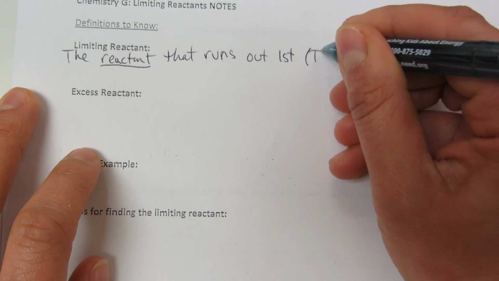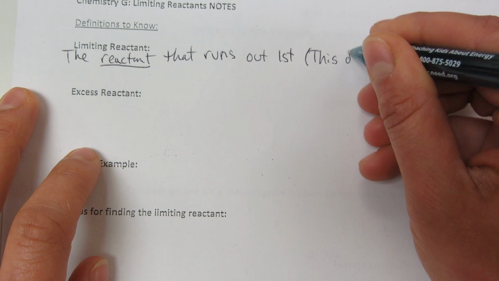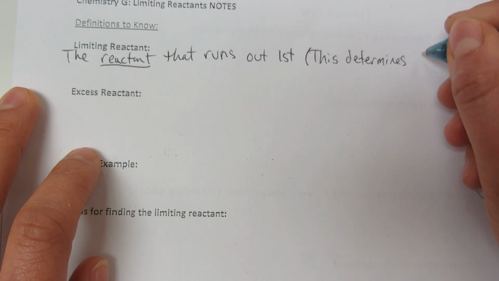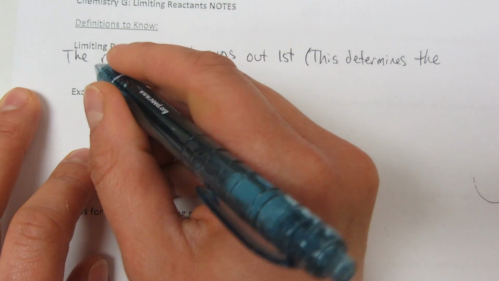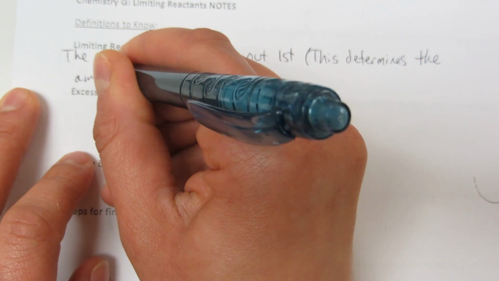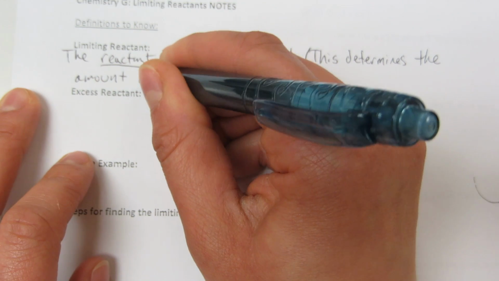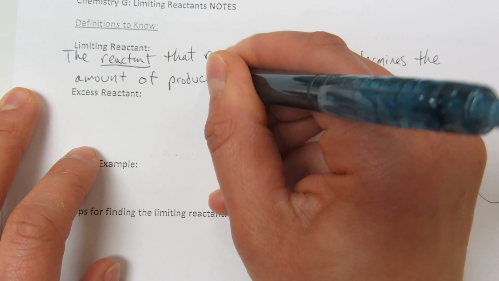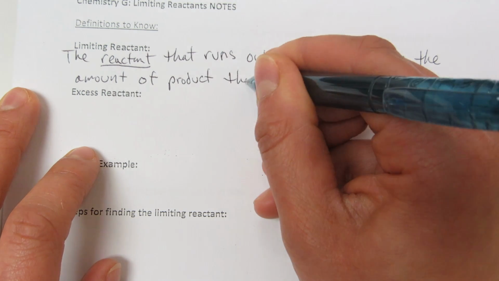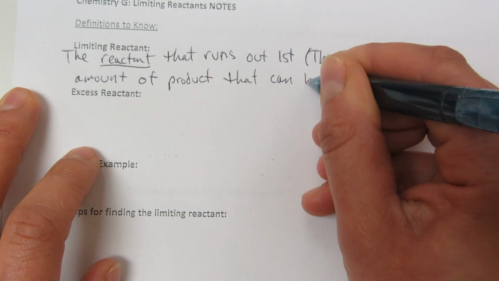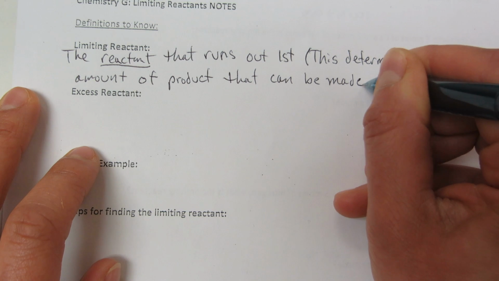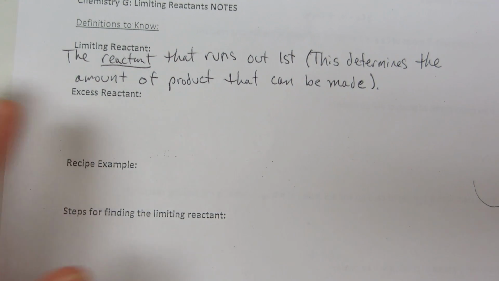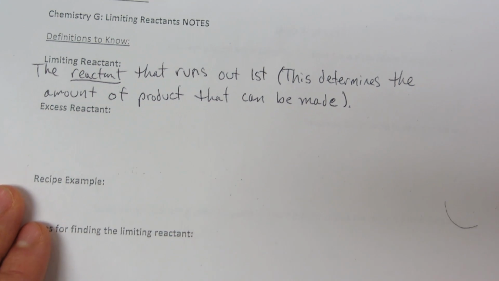This determines the amount of product that can be made. Since it runs out first, once it runs out, the reaction is going to stop. So it's going to determine how much product can actually be made in your reaction.